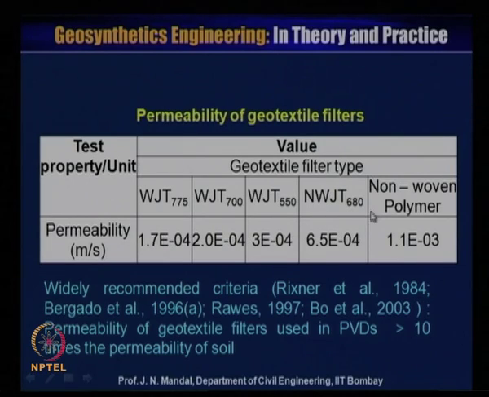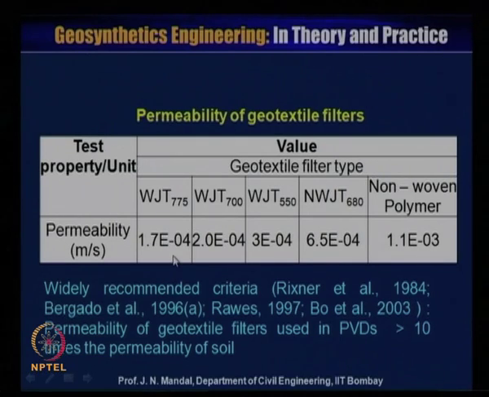WJT 680 permeability value is 6.5 into 10 to the power minus 4 meter per second, whereas for non-woven polymer geotextile, the permeability value is 1.1 into 10 to the power minus 3.